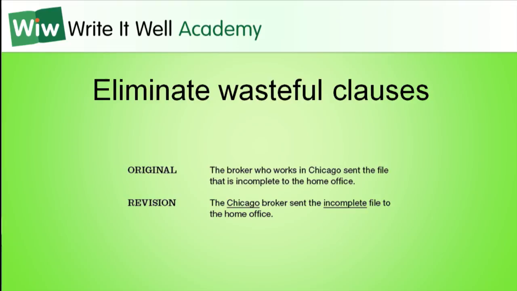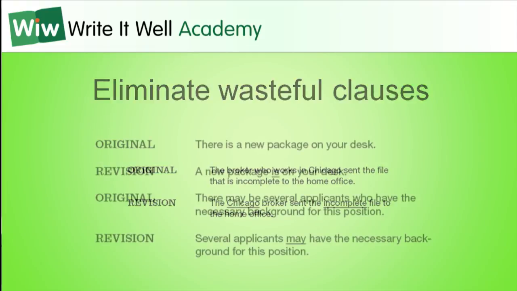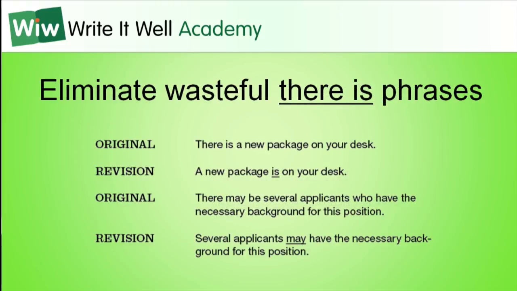Especially for those of you who are already sophisticated writers, look for any unnecessary words in your writing. Again, there is a new package on your desk. Instead, a new package is on your desk. There may be several applicants who have the necessary background for this position. Several applicants may have the necessary background for this position.